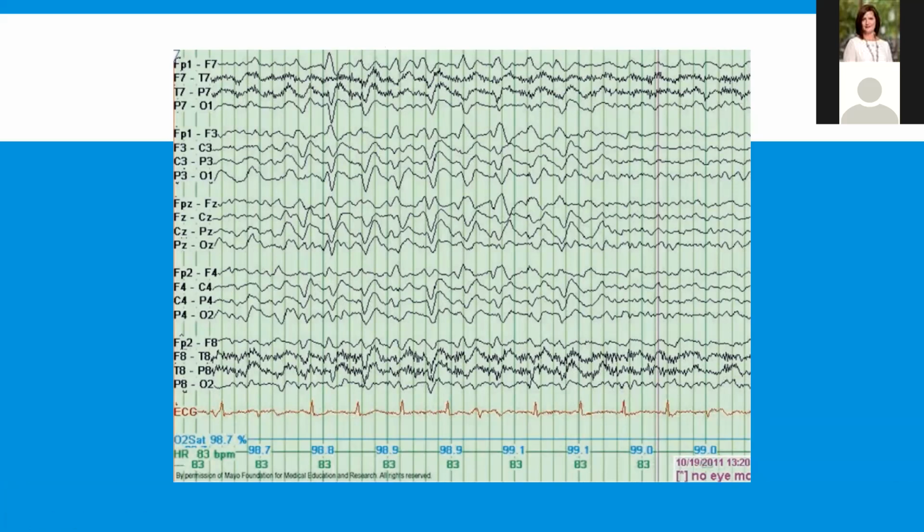I just touched upon it because you do hear about it in your EEG reports all the time. Basically, triphasic waves in general are fairly benign, but very rarely, if the triphasic waves become very fast, or if the morphology is very abnormal, then sometimes we might treat them. Okay, that's basically it.